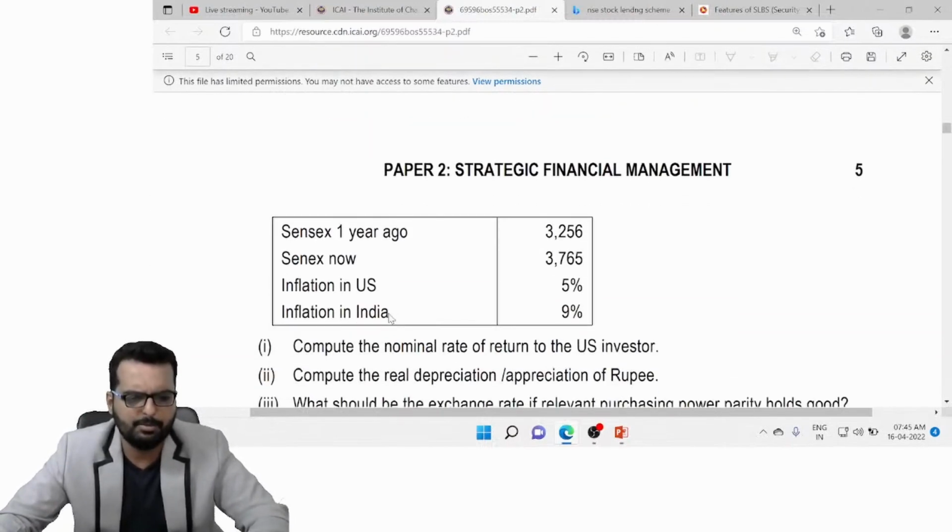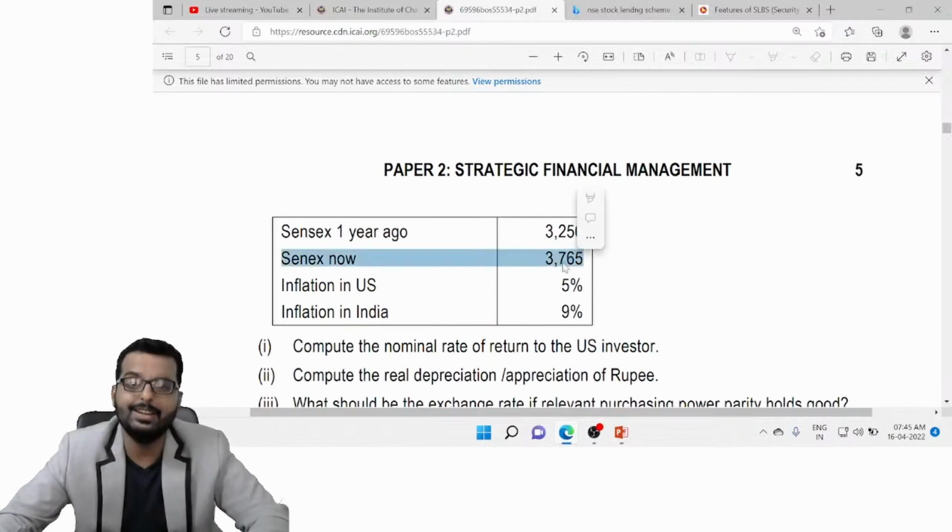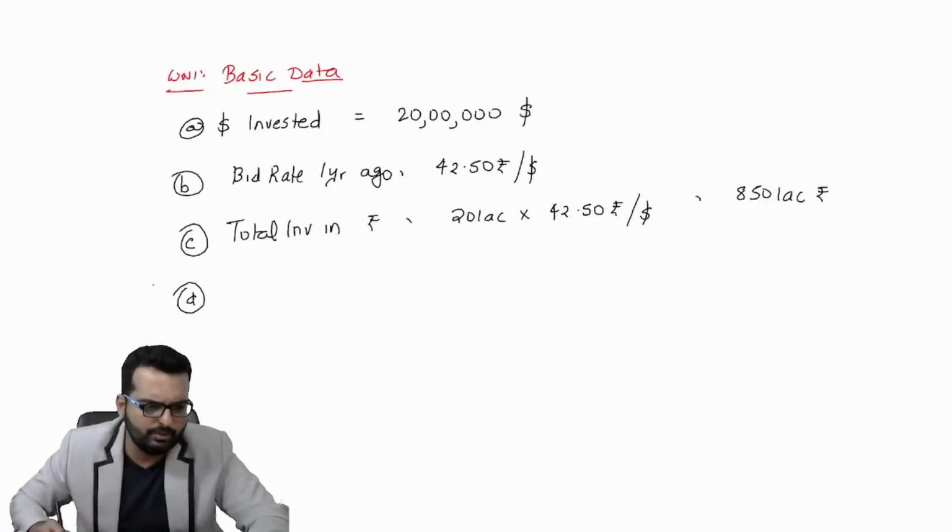So let us come back down. 1 year back, what was the Sensex value? It was 3256. Now, what is the Sensex value? 3765. So can I find out the closing value of investment?